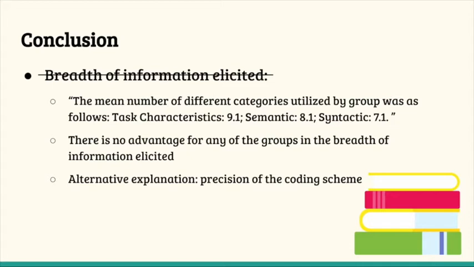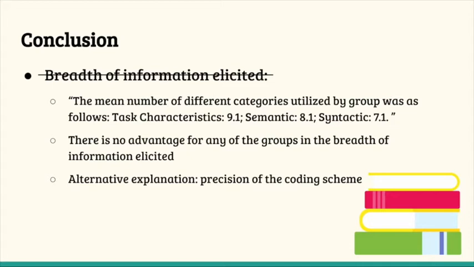Next, let's look at the breadth of the information elicited. Breadth is calculated by counting the total number of different technique categories mentioned by subjects, which is important because it shows how well a technique elicits a range of information from subjects.